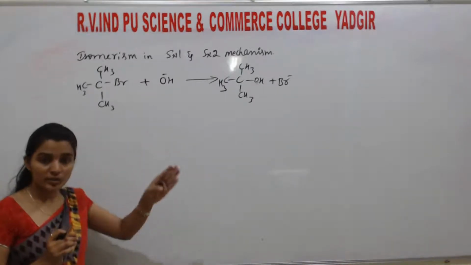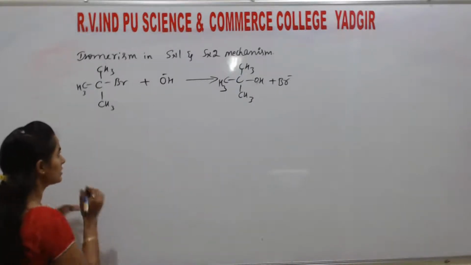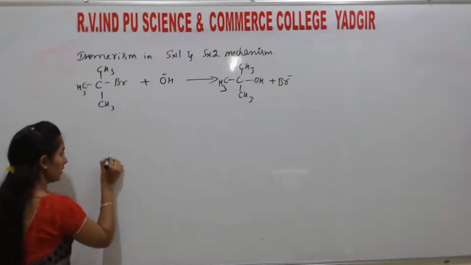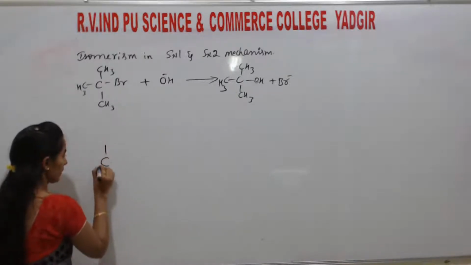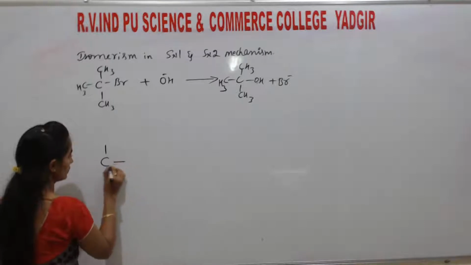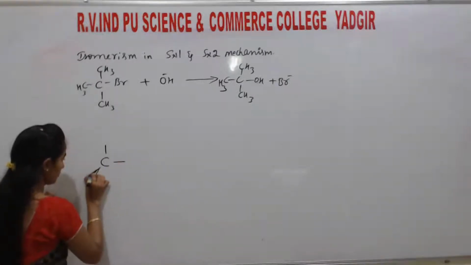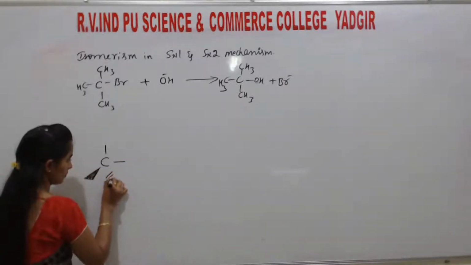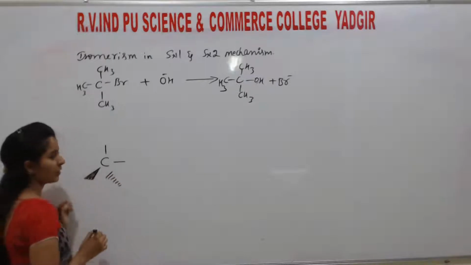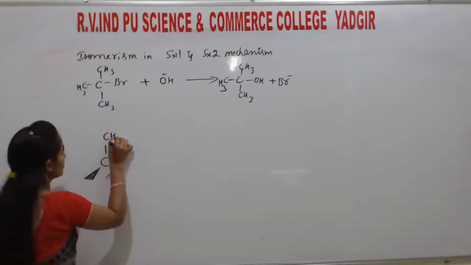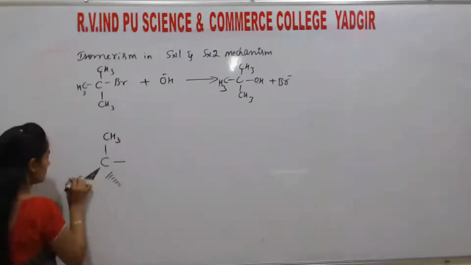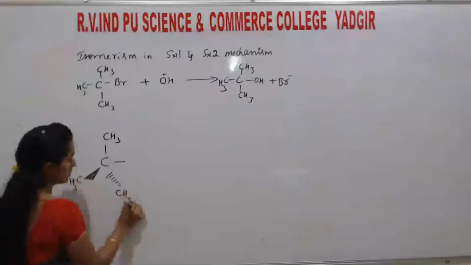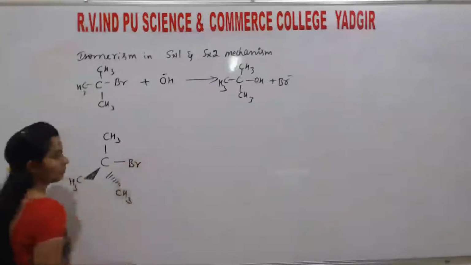But in the arrangement of atoms, what happens? Listen, here carbon is there, with this type of arrangement: CH3, CH3, CH3, Br.